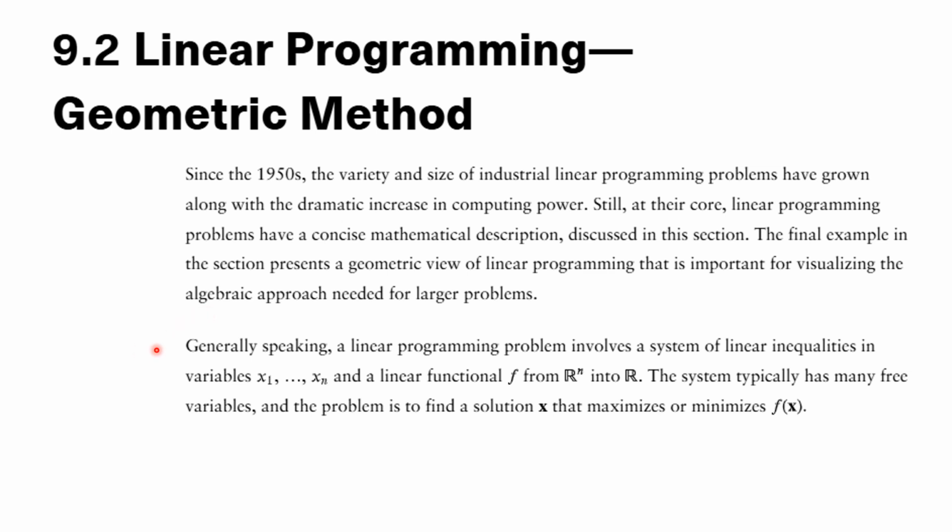So, generally speaking, a linear programming problem involves a system of linear inequalities in the variables x1 through xn and a linear functional f from Rn into R. Now this means the range of the linear function is a real number. It's a scalar. The system typically has many free variables, and the problem is to find a solution x that maximizes or minimizes f of x, which is going to be called our objective function.